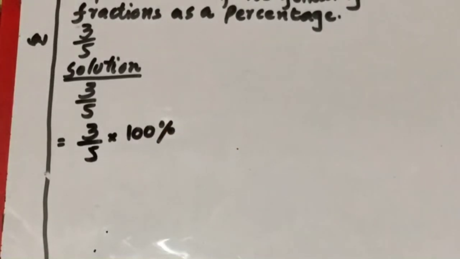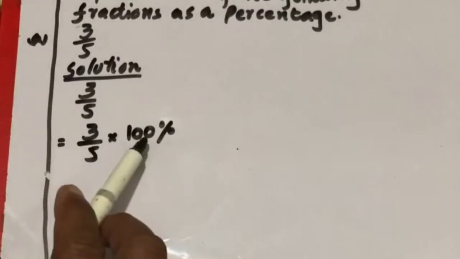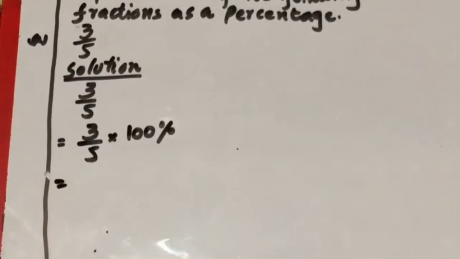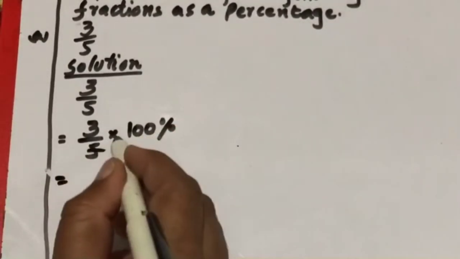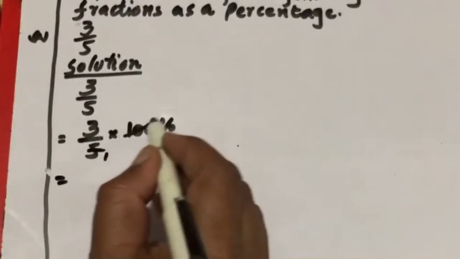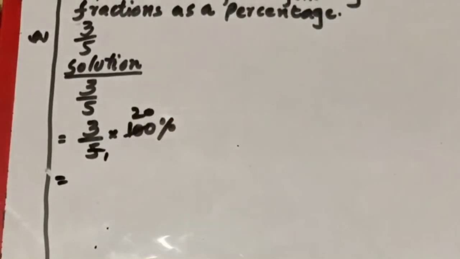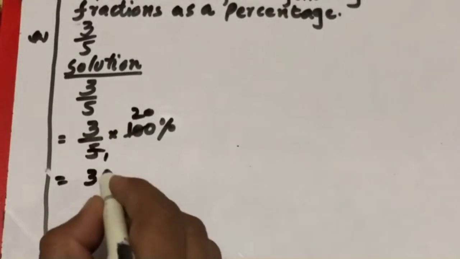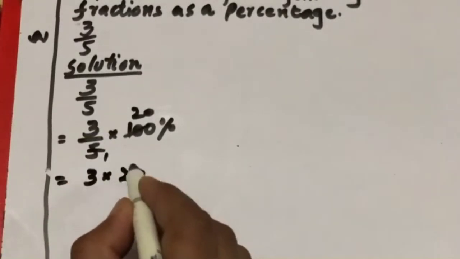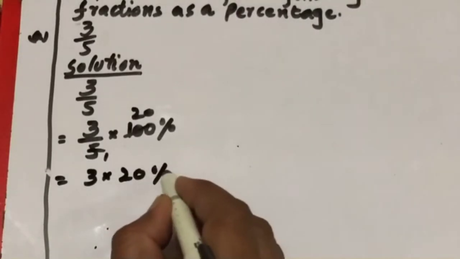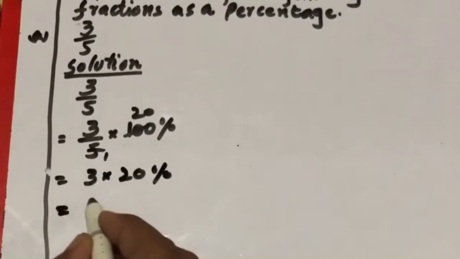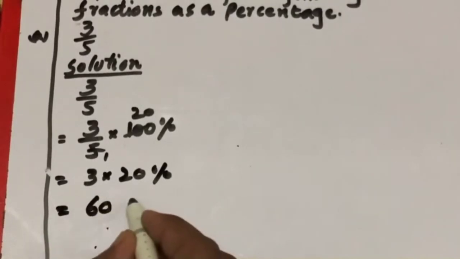If you want to convert any fraction into a percentage, you will multiply this fraction by 100%. So by simplifying, 5 will cancel out with 100, giving 20, because 5 20s are 100. Now we have 3 multiplied by 20 in the numerator and the percent symbol. 3 20s are 60.